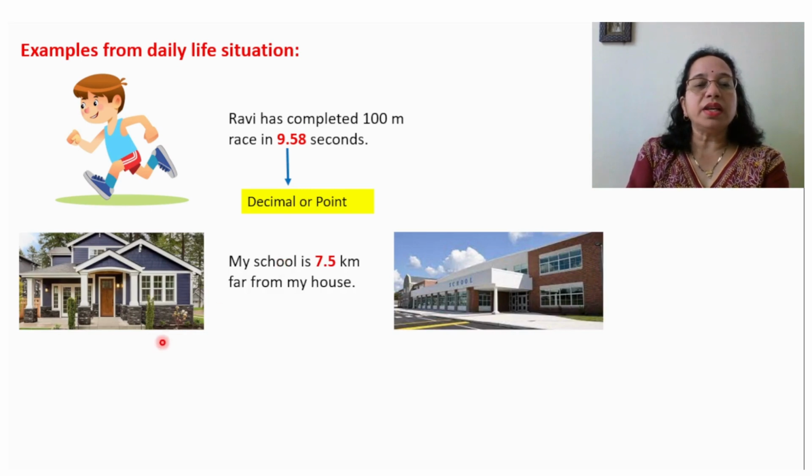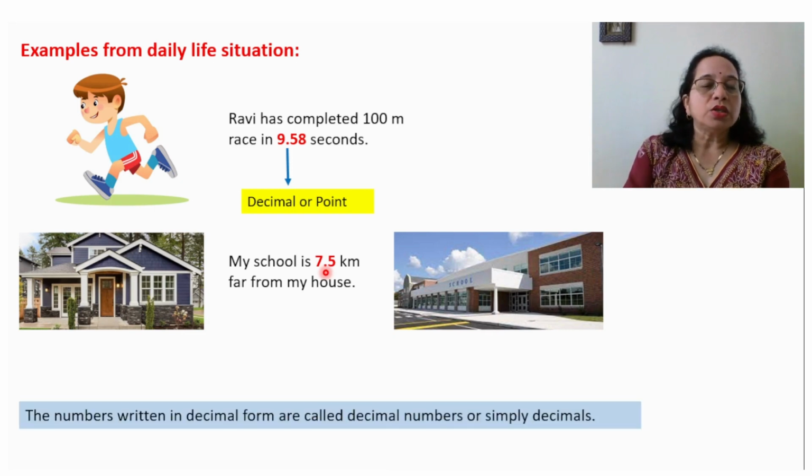My school is 7.5 kilometers far from my house. So again 7.5 is known as a decimal or point. The numbers written in decimal form with the decimal point are known as decimal numbers, or simply we call them decimals.